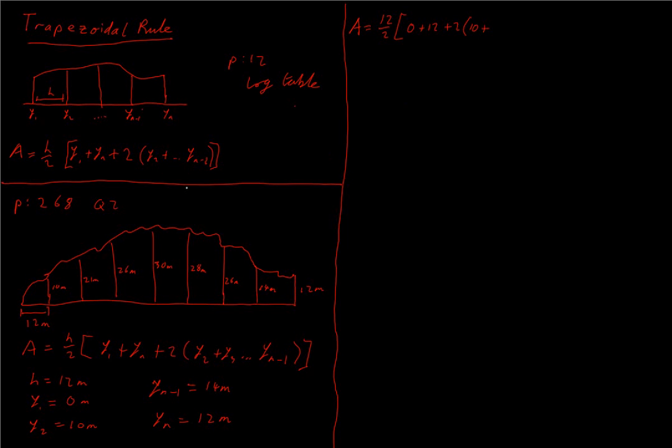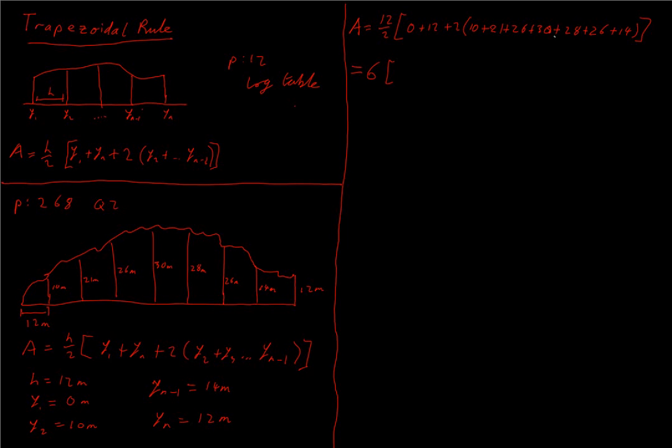Then y3, I keep adding them all up. My dot dot dot here means I keep going until I get to yn minus 1. So 10 plus y3, which is 21, plus y4 is 26, plus y5 is 30, plus y6 is 28, and the next one is 26, and my yn minus 1, my second last length, which is where I stop, is 14. I now have all of the different parts of my formula filled in.